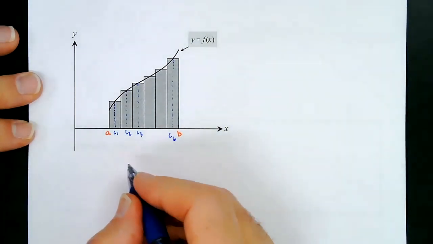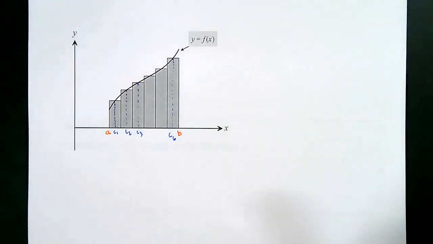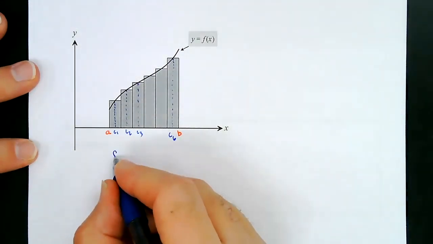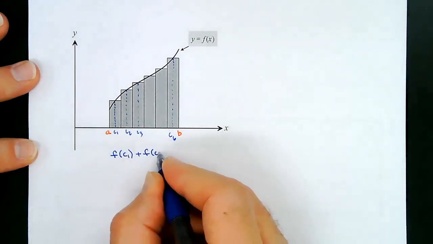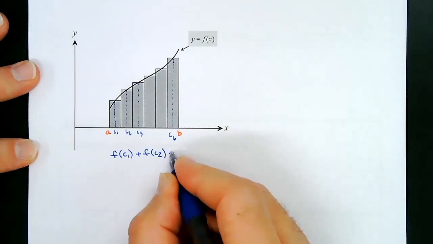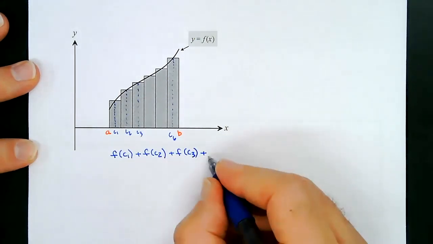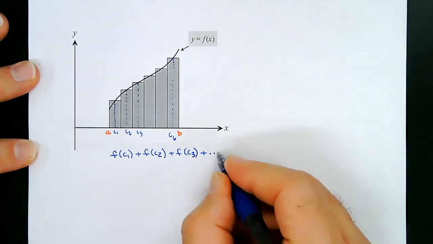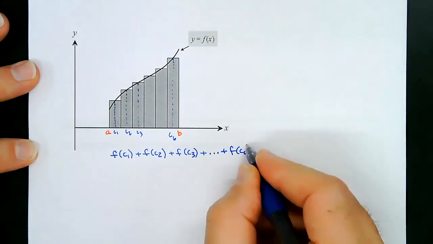So to find the average of these 6 function values, we would take f of c sub 1 plus f of c sub 2 plus f of c sub 3 plus, and I don't want to write them all, so I'm just going to write dot, dot, dot, plus, and then the end would be f of c sub 6.